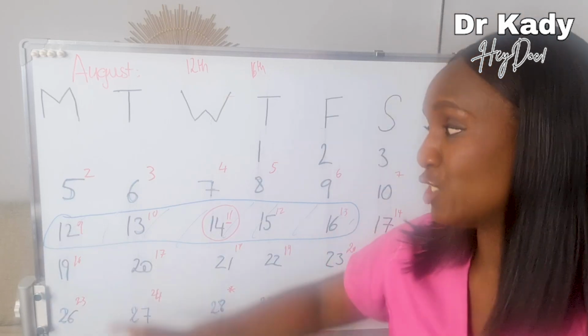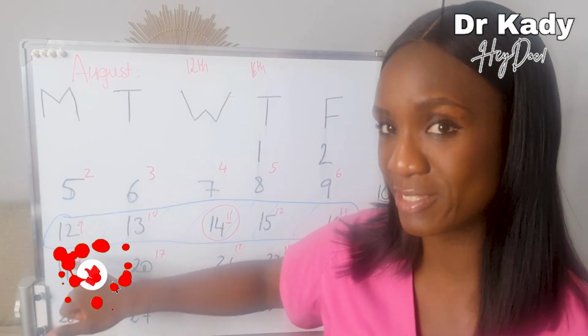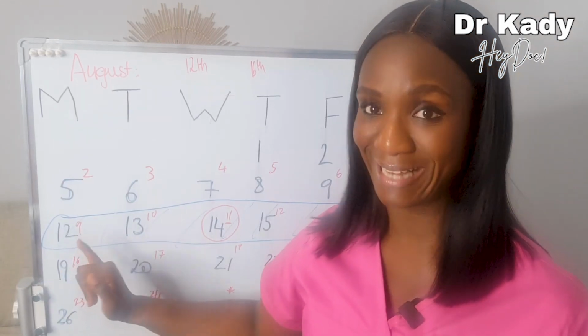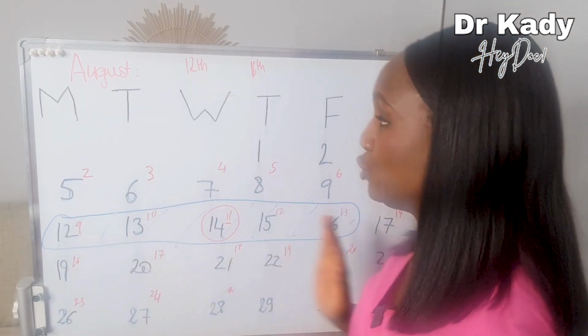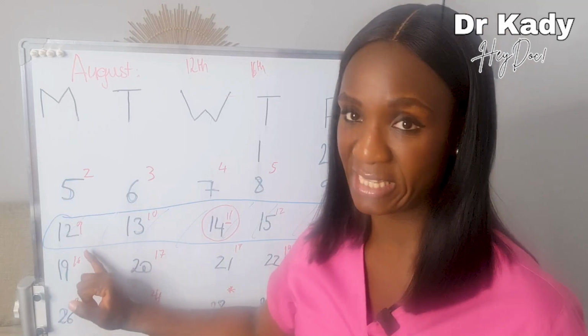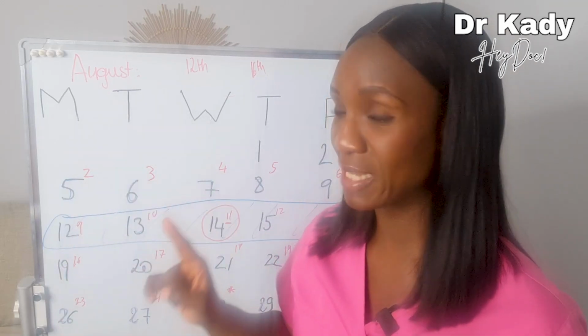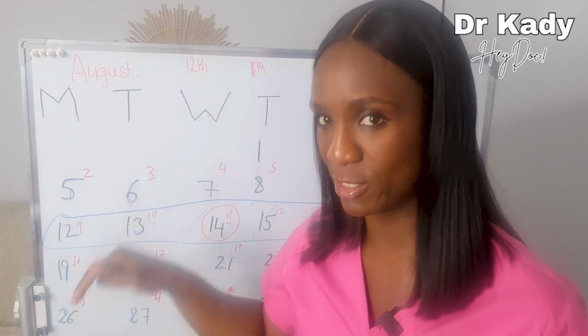So for this lady, she's on the 9th day of her cycle when it is possible for her to release an egg. That's the earliest time during this cycle that she could release an egg.